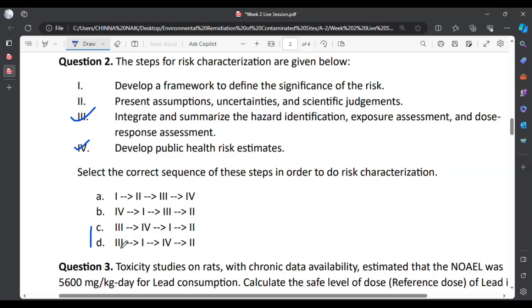So what is the answer now? C, right. The sequence: first integrate and summarize the hazard identification, exposure assessment, and dose response assessment, then develop public health risk estimates, then develop a framework to define significance of risk, and finally present assumptions, uncertainties, and scientific judgments. The answer for question number 2 is C. Okay, very good.